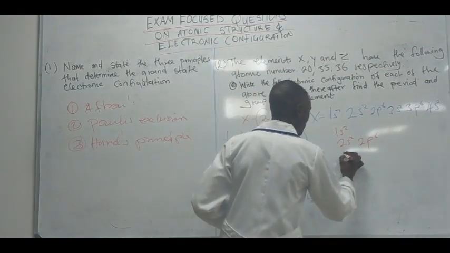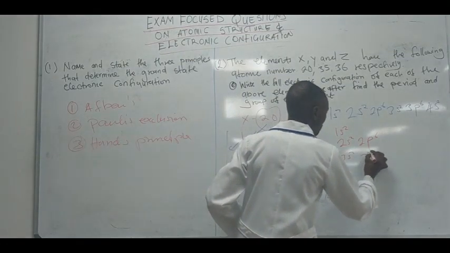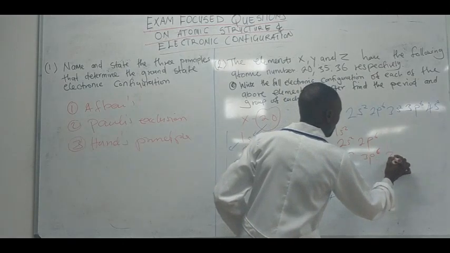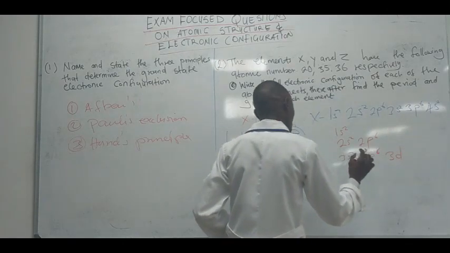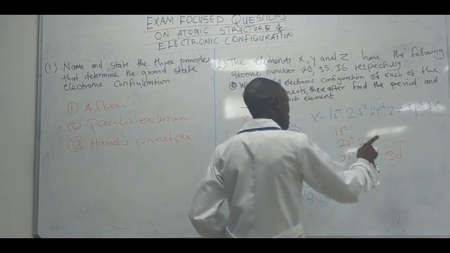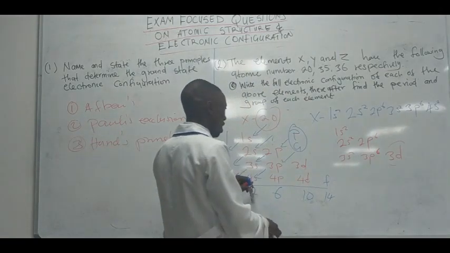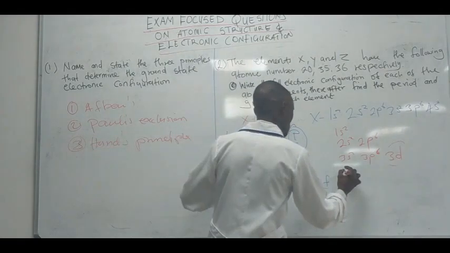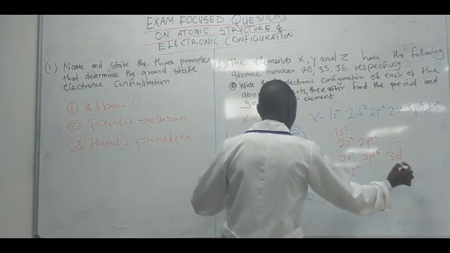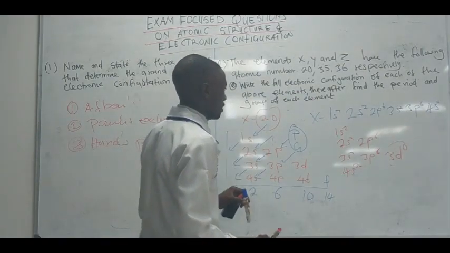Then I'll come to my 3s, and I'll put my 2 and 3p6, my 6, and then come to 3d. I want to figure out that the 3d, why? Because I still have the lowest energy level when you look at this according to the arrow. So I have first to come to 4s2, which means I'm giving this one 0.